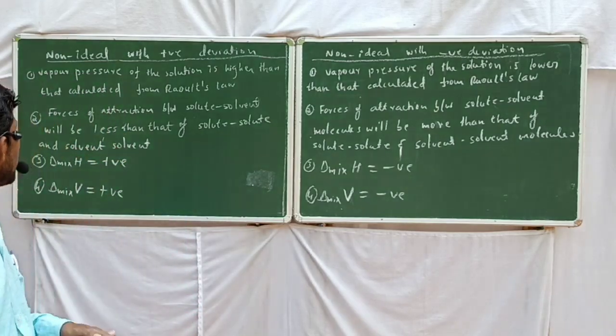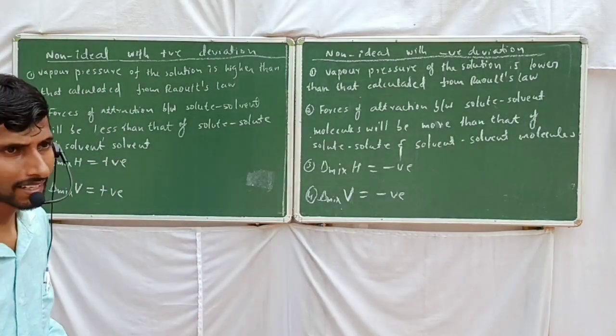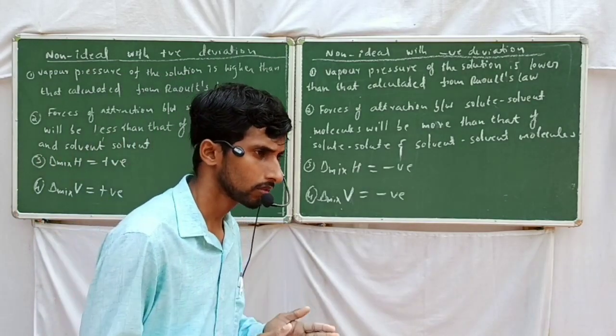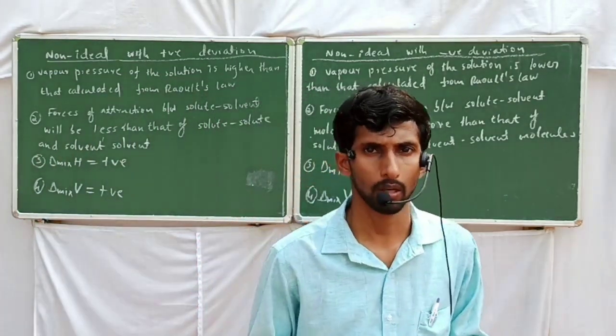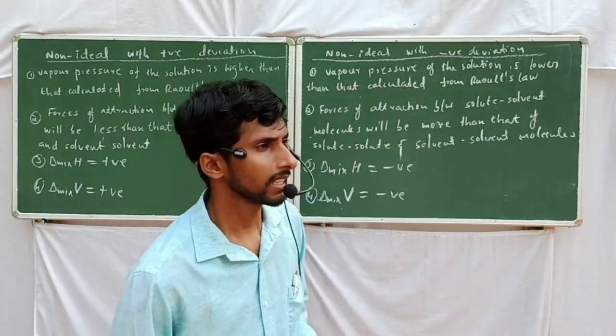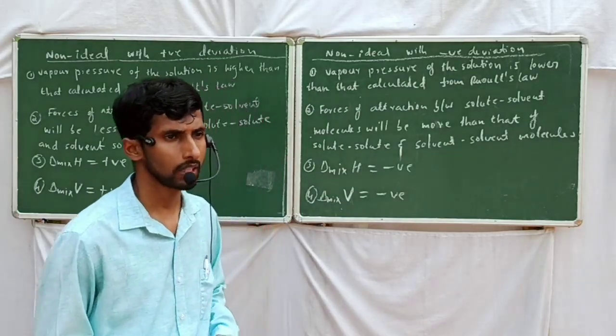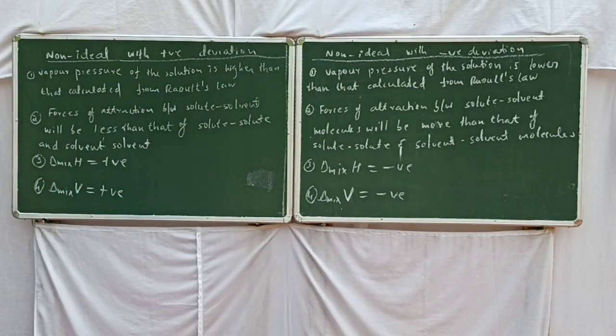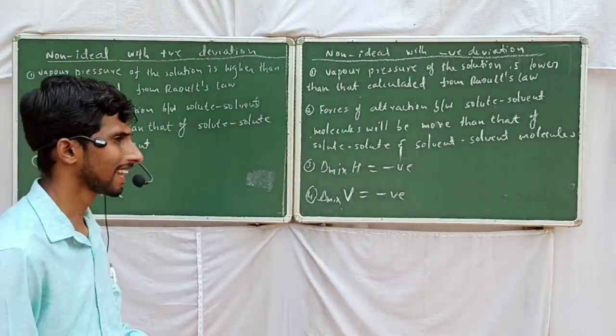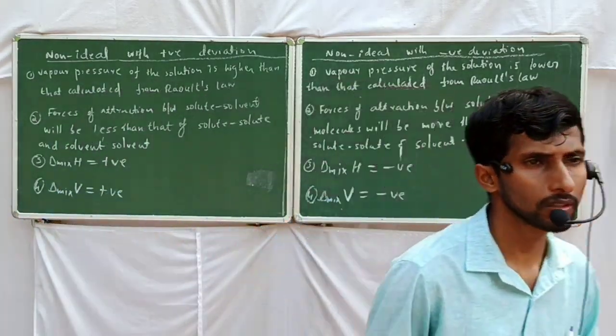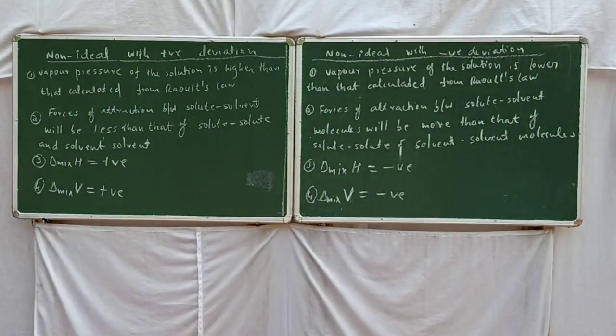The second point is about the forces of attraction before mixing and after mixing. In the case of positive deviation, forces of attraction between solute and solvent molecules will be less than those between solute and solute and solvent and solvent molecules.